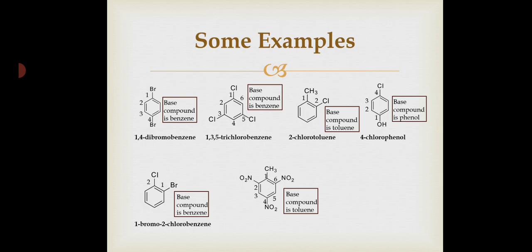So that carbon gets number 1, and the other numbering is such that the substituents get minimum numbers. So what is the name of this compound? The name of the compound is 2,4,6-trinitrotoluene, nitro comes in the prefix.